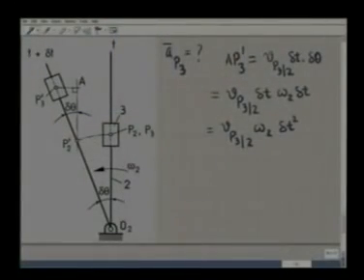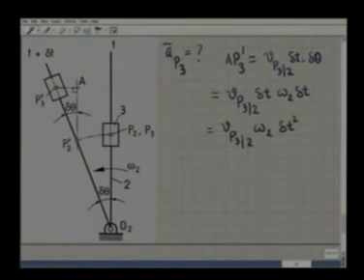So, this extra transverse displacement that the point P3 prime has, which the observer sitting on body 2 misses, is given by this. And this extra displacement, as we see, is proportional to delta t squared, which means this is due to some acceleration in the transverse direction which this observer is missing. And what is the magnitude of that acceleration?